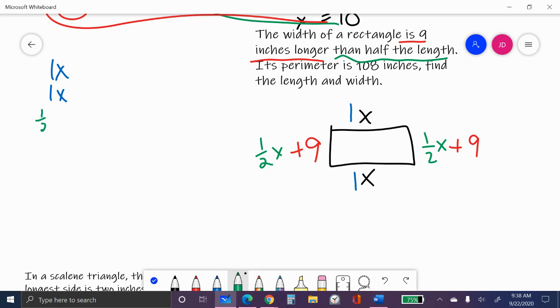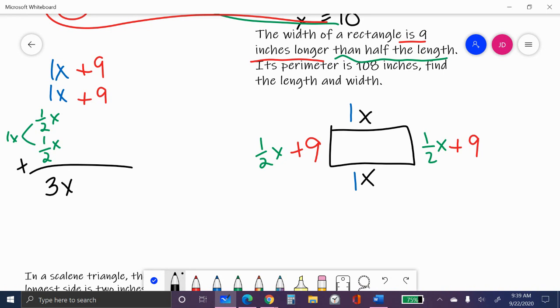You should know a half plus a half is 1, so when you add those together, that's 1x. And don't forget the plus 9s. We add all these together. 1 plus 1 plus 1 is 3x. 9 plus 9 is 18.